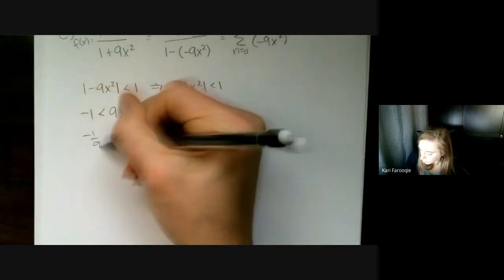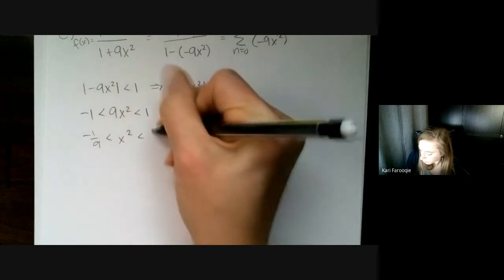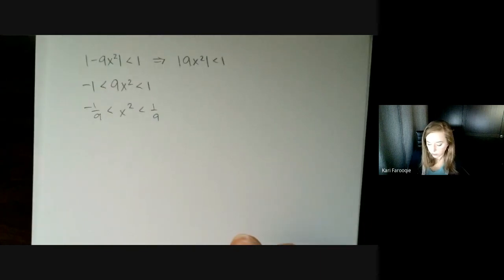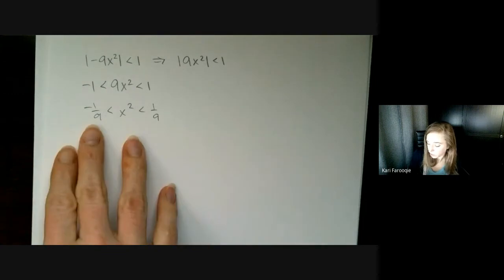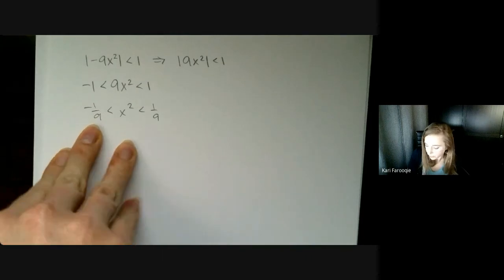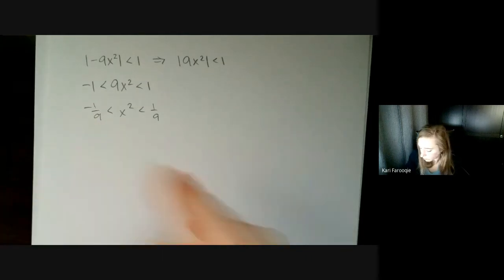Divide each part of this compound inequality by 9 and take the square root on each part. Now, you're going to end up in a problem there because you can't actually take the square root of your negative value here. What we can do, however, is you can keep this. Let's do it this way.